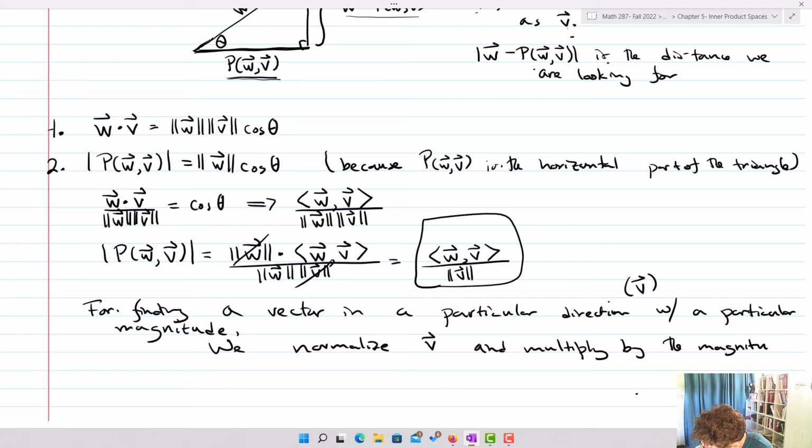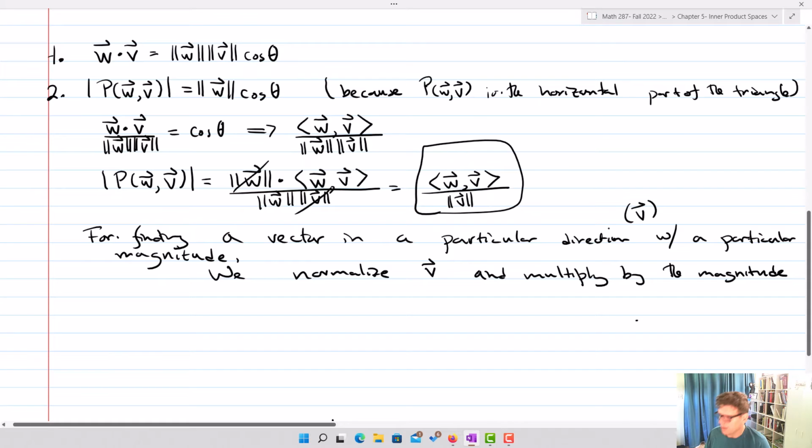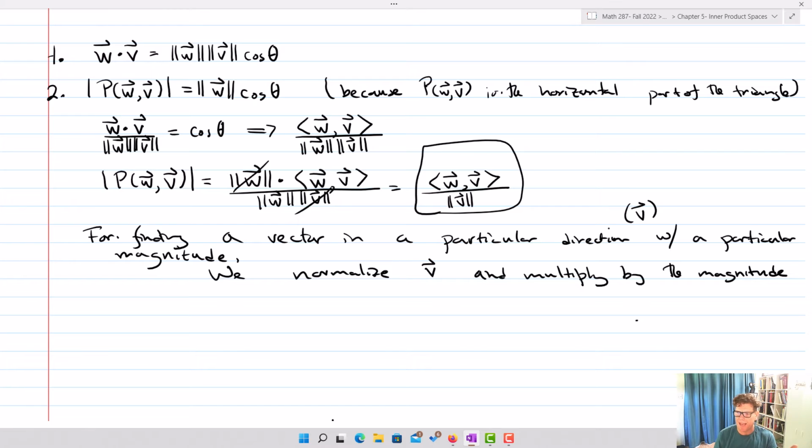So we're going to normalize V. That is, we make a unit vector, so it has a length of 1 but is still in the same direction, and then we multiply by our magnitude. When we do that, we end up with a vector that has the right magnitude and is in the right direction.